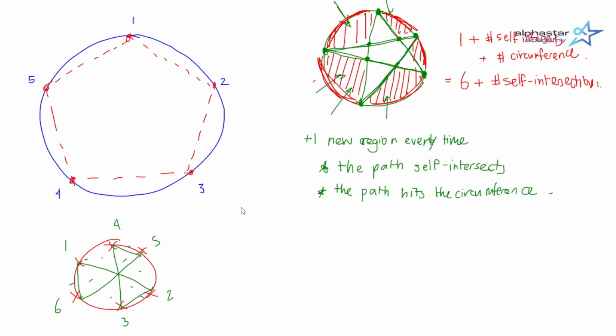So we should expect 1 plus 6 plus 3 for 10, but if they all intersect at the same point, it actually only creates 1 extra new region when we hit this intersection point. So really, the number of self-intersections is actually the number of distinct self-intersections in this entire loop.